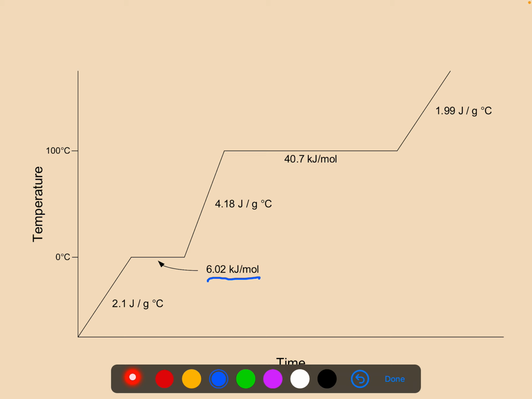So whenever we do those problems with delta H, we will have to change from grams into moles. That way our units cancel out properly. That is going to be something extra that we did not have to do in Chem 1 because those constants were in joules per gram instead of kilojoules per mole. So let's look at a problem with the heating and cooling curve.